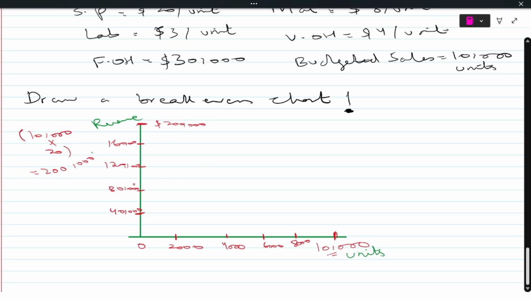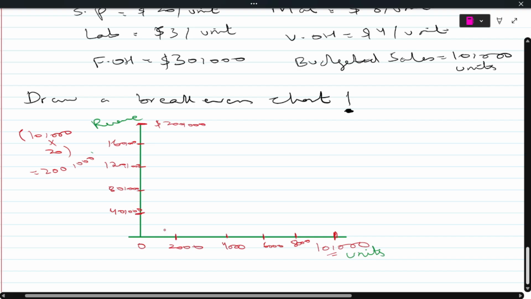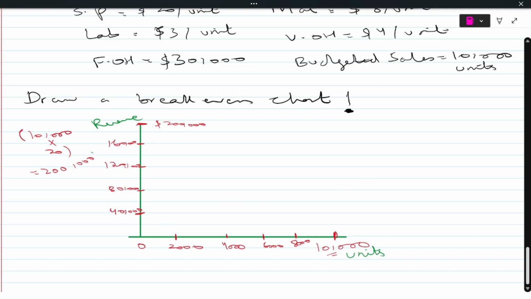Clear? Right? So again, you don't have to necessarily allocate the scale like this. You can do it in whatever way you like. Okay, so 40,000, 80, 120, 160, 200, and 2,000, 4,000, 6,000, 8,000, 10,000. So this is how the scale is allocated.